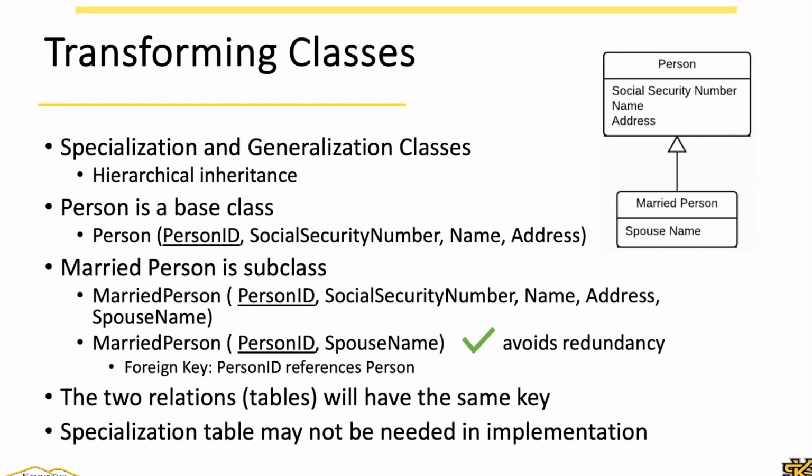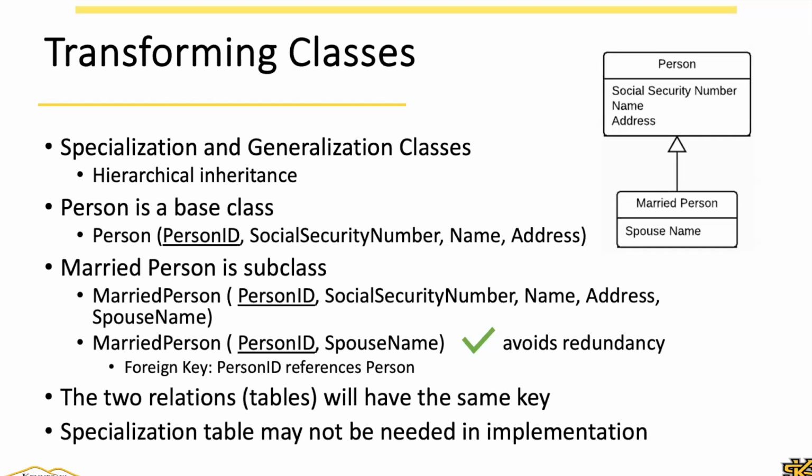The second approach, instead, you will implement the married person table with just person ID, which serves as both the primary key and the foreign key linking to the person table, and the spouse name.